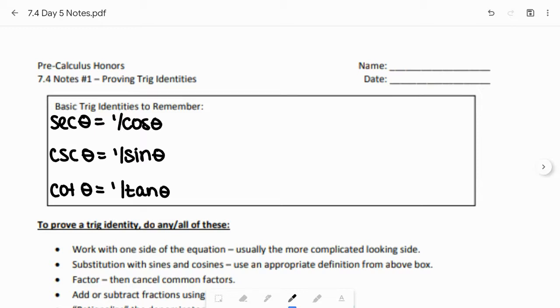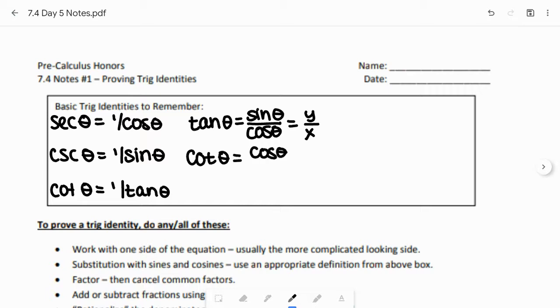Okay, and then let's also recall that tangent of theta is equal to sine theta over cosine theta. And that's our y over our x. So then our cotangent of theta, we can also just say is cosine theta over sine theta, which would be x over y.